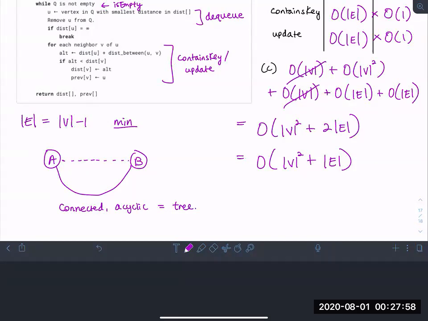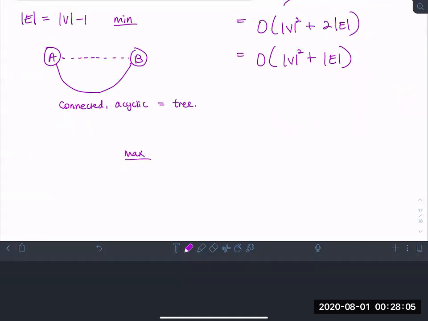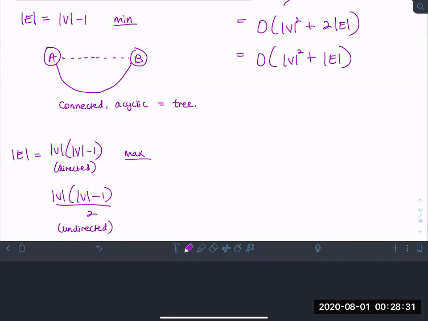All right, now what is the maximum number of edges I can have? Max number is, for a directed graph, going to be V times V minus 1. For an undirected graph, it's going to be that same quantity, but now divided by 2. And let me explain why. So for a directed graph, let me just give you a really small example.